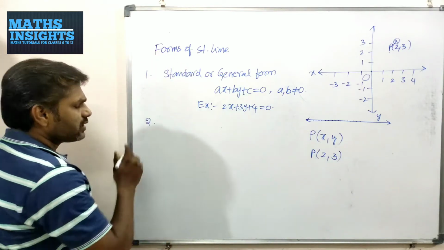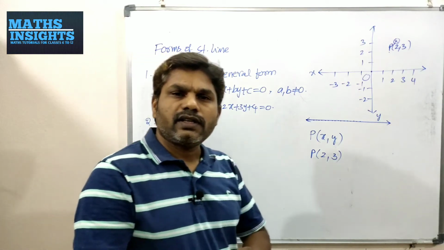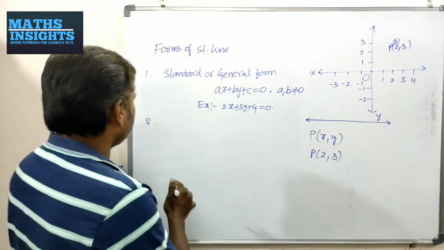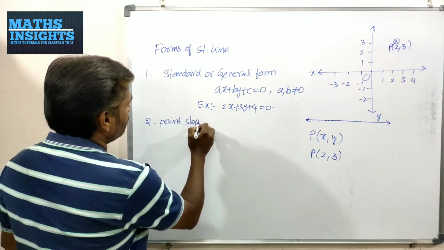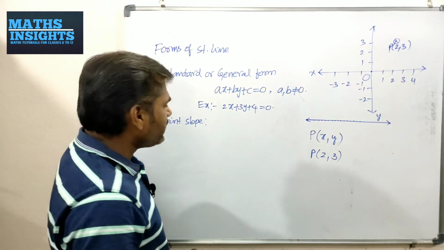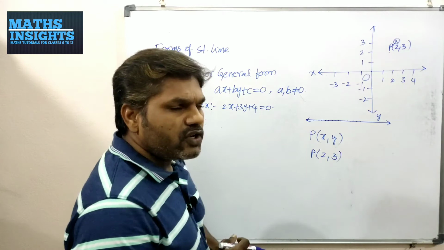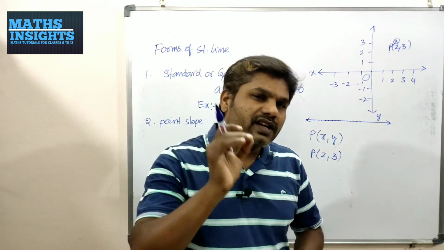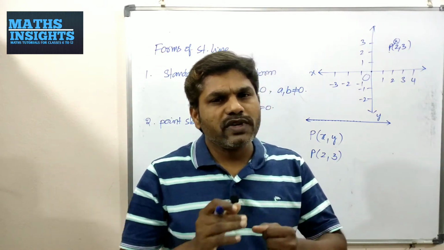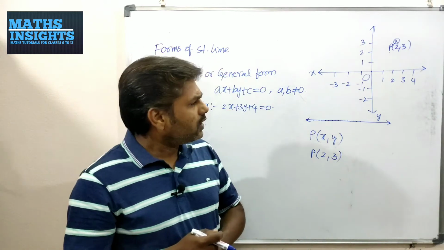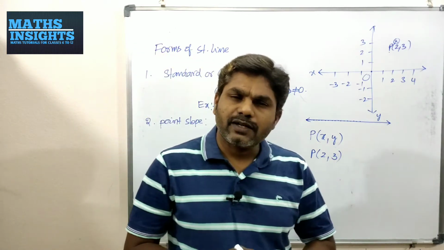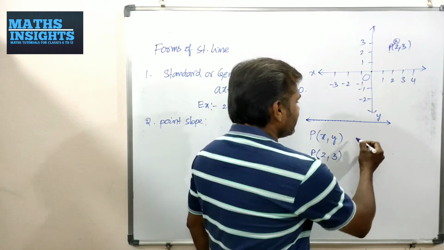Coming to the second form of a line, that is the point slope form. When you have a point on a line and the slope is given, again the question arises, what is a slope? Slope can be measured by using tan theta.